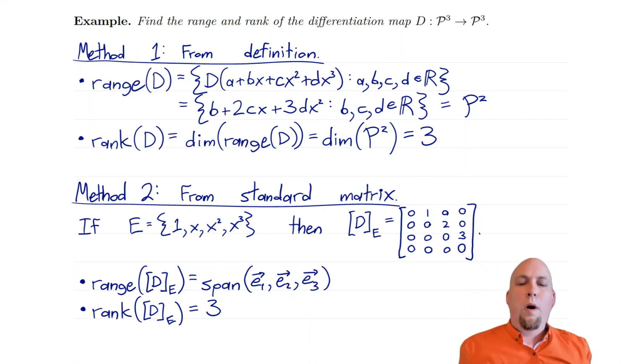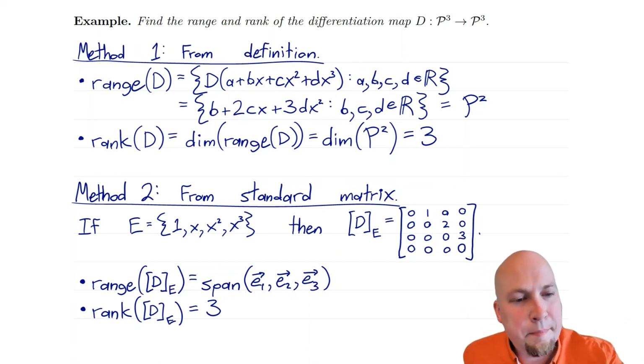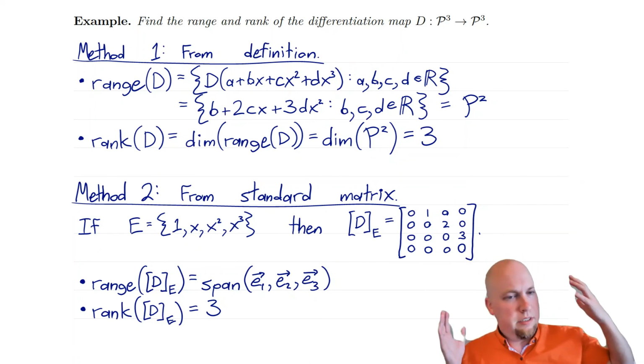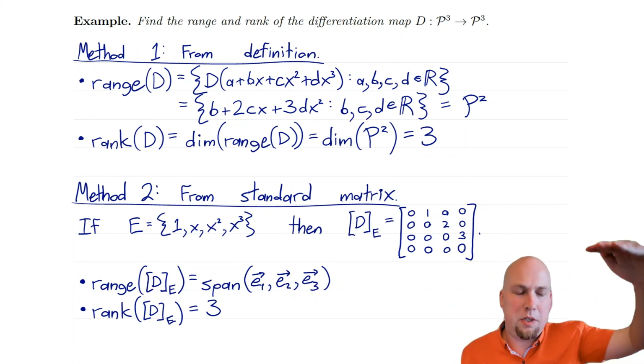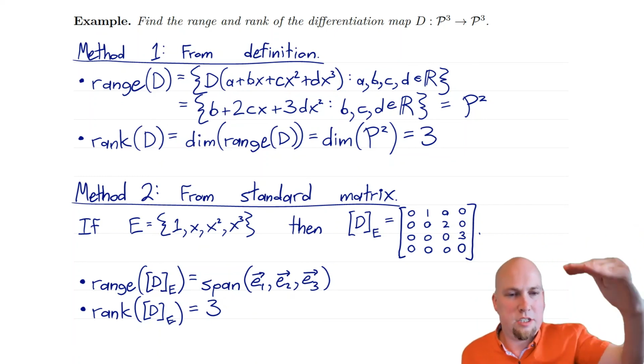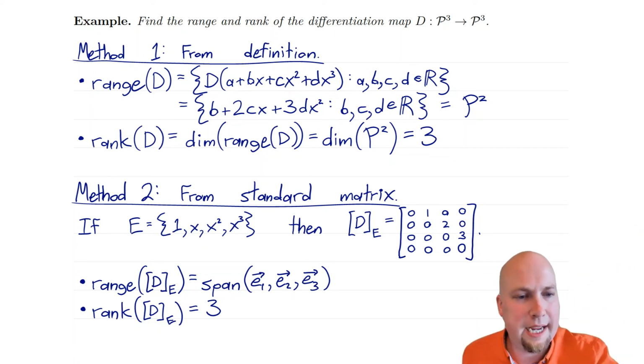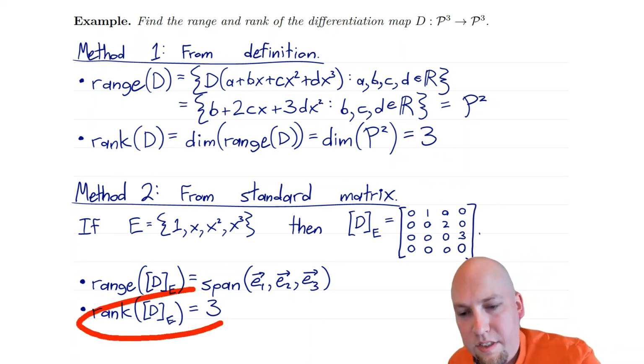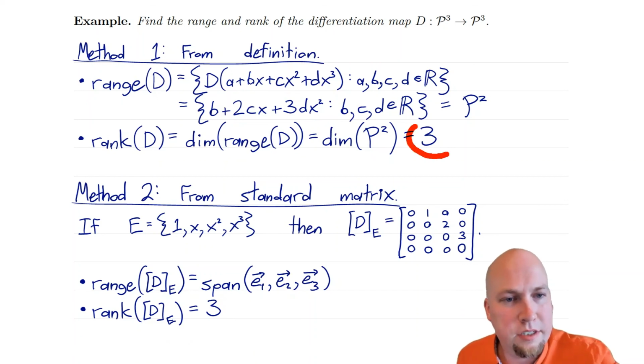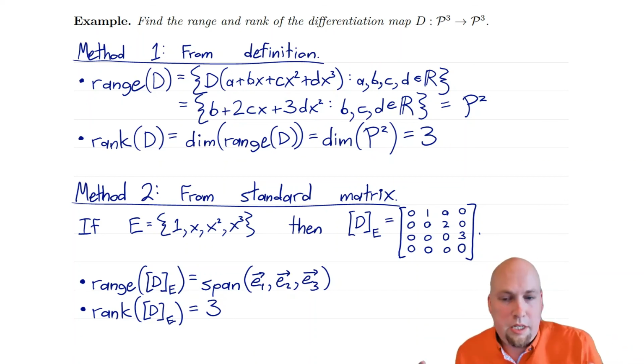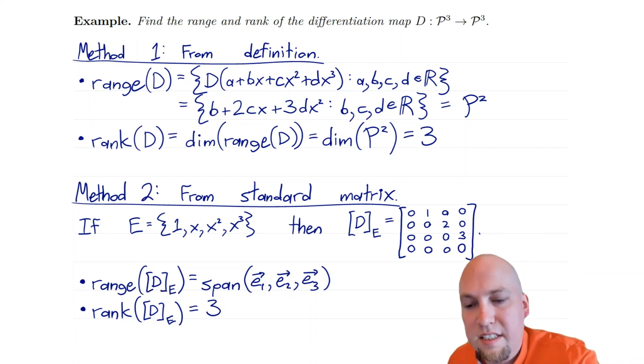What about the rank? For the rank of this matrix, just do Gaussian elimination. One way of computing the rank of a matrix is to do Gaussian elimination, get row echelon form, and count the number of non-zero rows. This is already in row echelon form, and there are 3 non-zero rows. The rank is 3, which matches the answer we had up here. Another way of looking at the rank of a matrix is the dimension of its range.